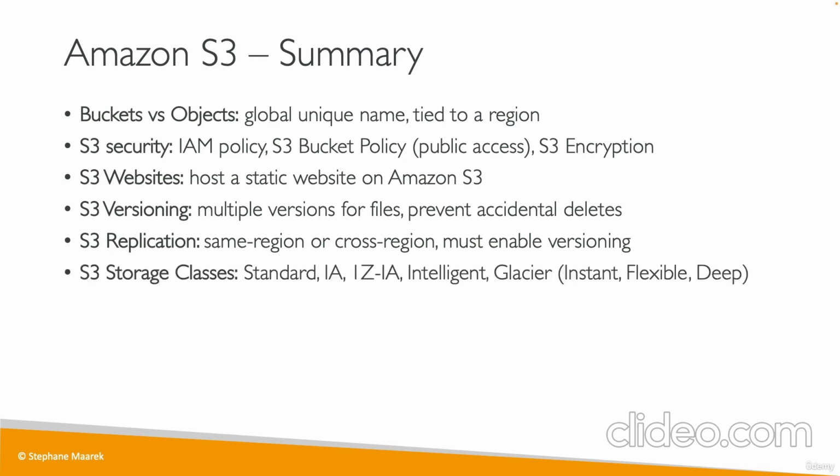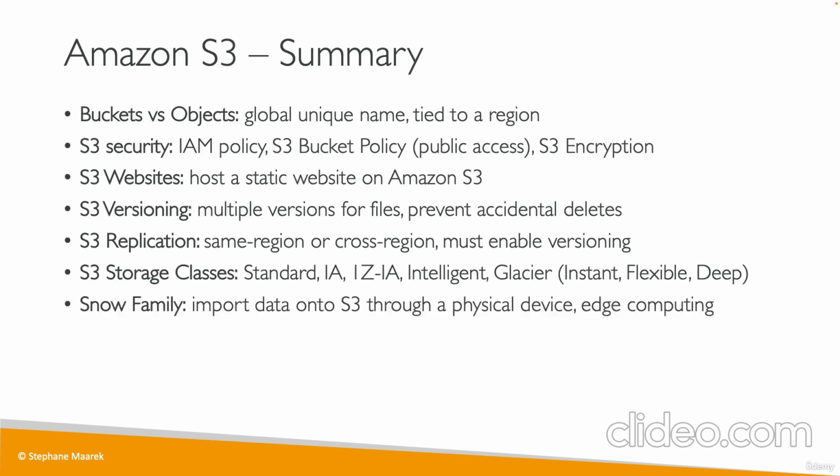We've seen the different S3 storage classes. We have standard, infrequent access, one zone infrequent access, intelligent tiering, and we have three different classes for Glacier for archival purposes. We've seen what the Snow family is. There are physical devices that are used to import data onto Amazon S3.